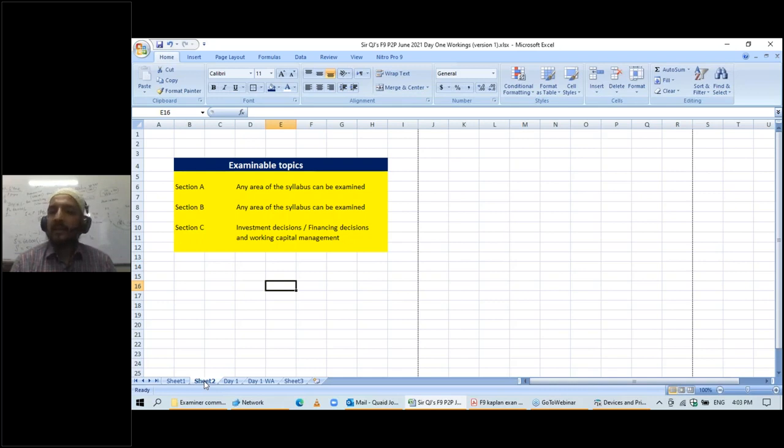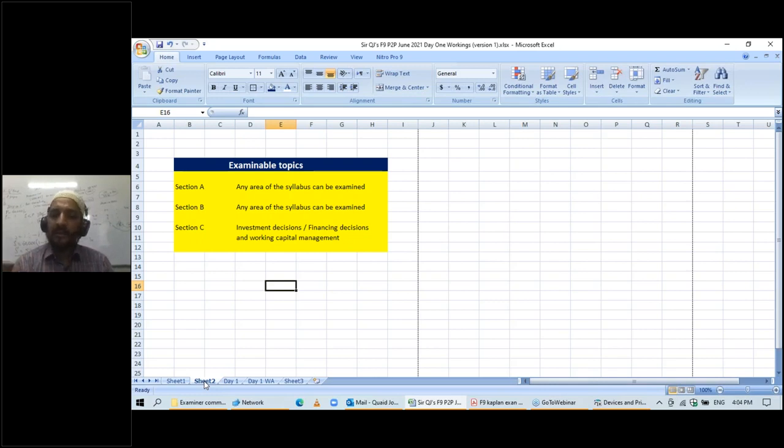Section A encompasses objective type questions, and there will be 15 objective type questions in section A, and any area of the syllabus can be examined in section A. In section B, we get three scenario type questions, and each question is of 10 marks, right? And in each question there will be 5 objective type questions of 2 marks. And in section B also, any topic in our syllabus can be examined, right? So in section A and B, you shall be prepared to answer any topic of our financial management syllabus.